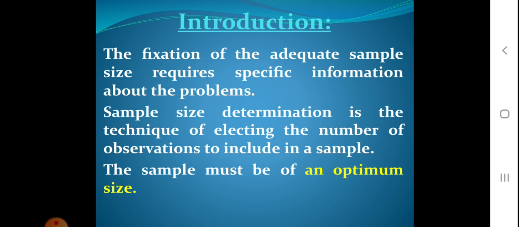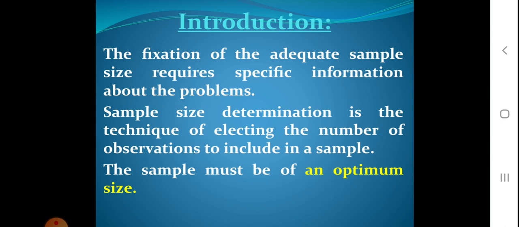Dear students, sample size determination is the method or technique of selecting the number of observations to include in a sample. As a general rule, one can say that the sample must be of an optimum size, that is, it should be neither excessively large nor too small.